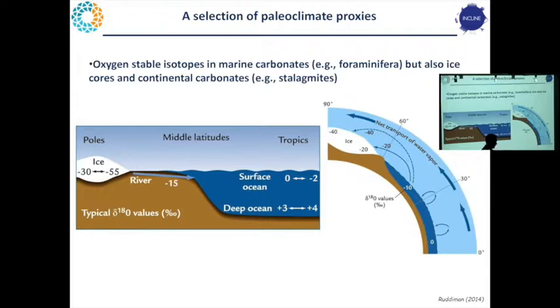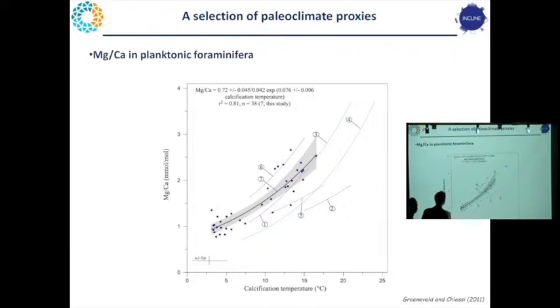So the more precipitation we have, the more rain out will happen, and we will be able to record this in a certain ice core or in a certain stalagmite located far inland, relative to those very close to the site of evaporation. Good. Very important proxy, stable oxygen isotopes.